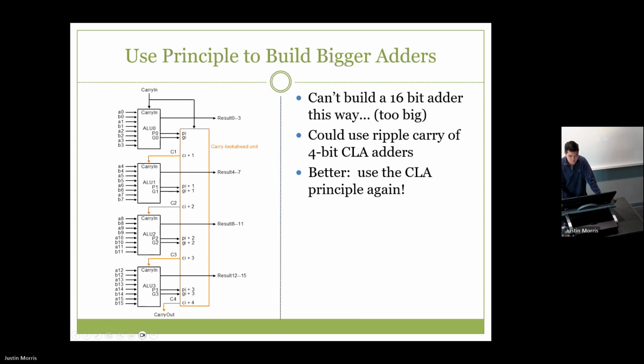So we could use a combination between the two, where we build this 4-bit adder, and then we have the propagation and generation for the last bit of this 4-bit adder. And we make another 4-bit adder, again, propagation generation. And this will calculate the carry look ahead for the 5th bit.